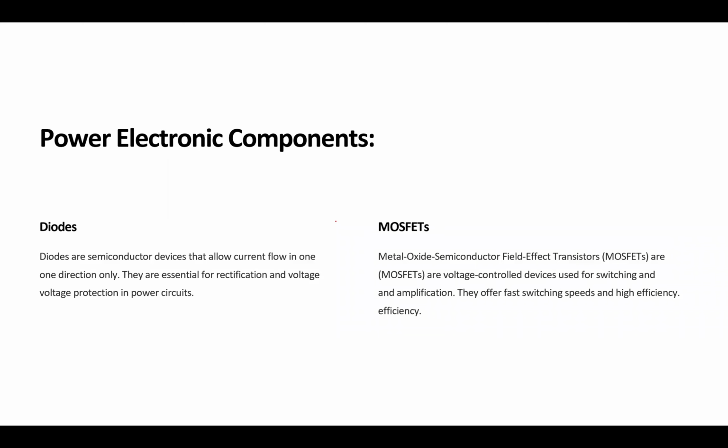If you give a proper signal to the gate of the MOSFET, it goes to the on state and lets the current pass from the drain to the source. If you reverse the signal or cut off the signal, it blocks the current. So you have control with the gate signal, control of when to turn the circuit on and when to turn it off. Is that clear?